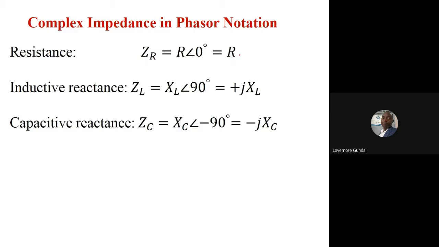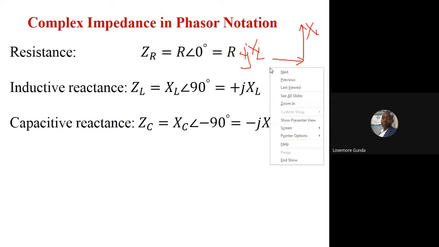Okay. Now, what's the difference? R plus JXL will be R in that direction plus XL in that direction, such that the result of that will be this.